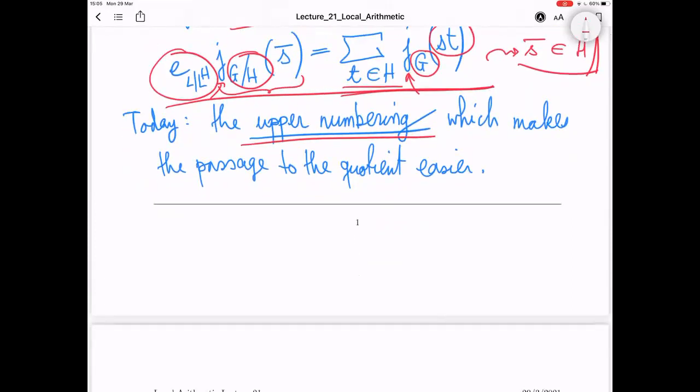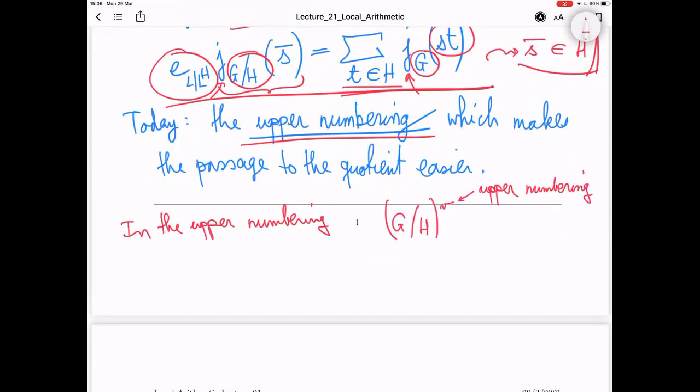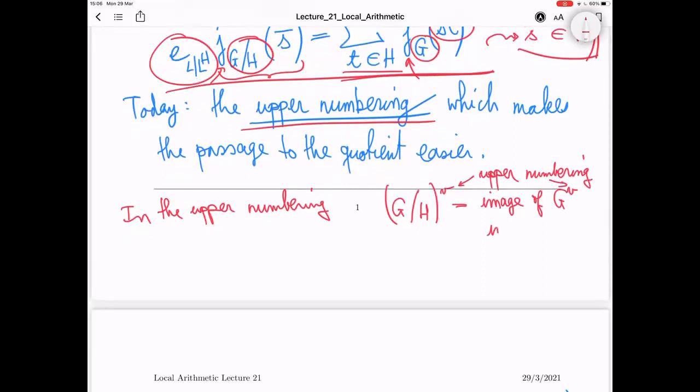So in the upper numbering, what we will have is that G mod H with index v, this is the upper numbering, is going to be just the image of G^v, v is the upper index, the image of this subgroup G^v in G mod H.